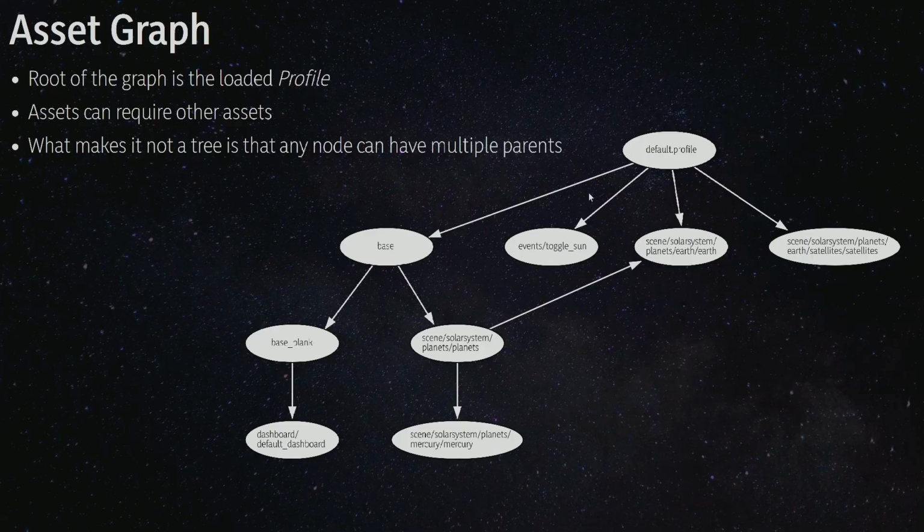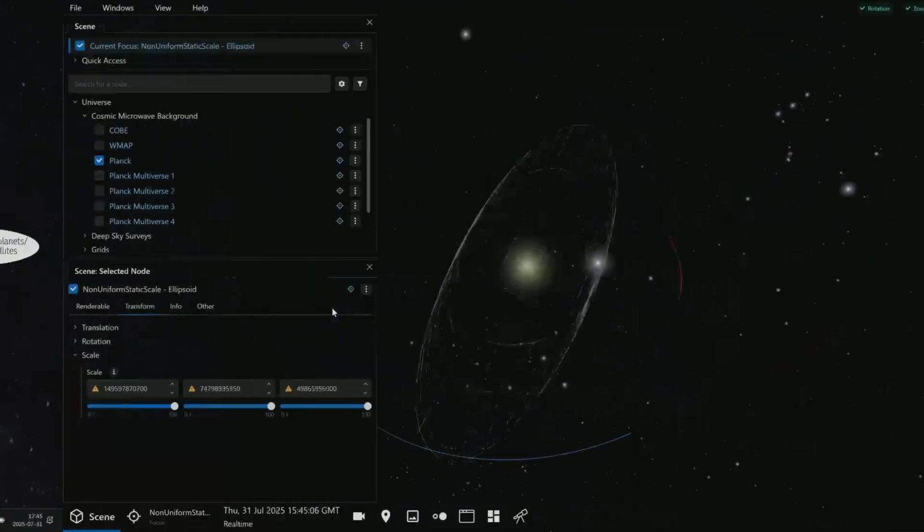So there's a requirement dependency that you can set in an asset. And that basically starts building this graph structure that we're seeing right now. So for instance, if you try to unload the Earth, but the atmosphere is still loaded, it won't do anything because the atmosphere is keeping the Earth alive, so to speak.